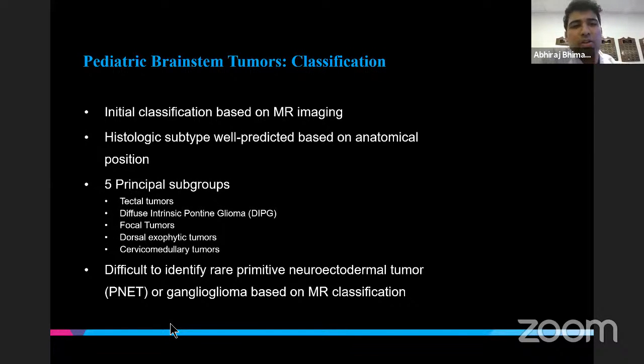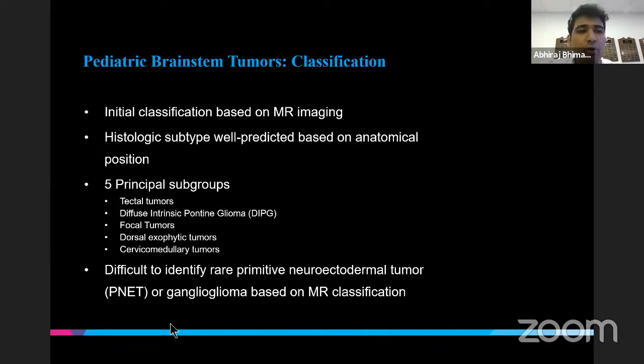The classification of these brainstem tumors is a little interesting because it's not always necessarily based on surgical findings, as a lot of them don't require surgical treatment. So the initial classification is always based on MR imaging, and the histologic subtype has been pretty well predicted based on a tumor's anatomical location in the brainstem, with a few caveats that we will go through.